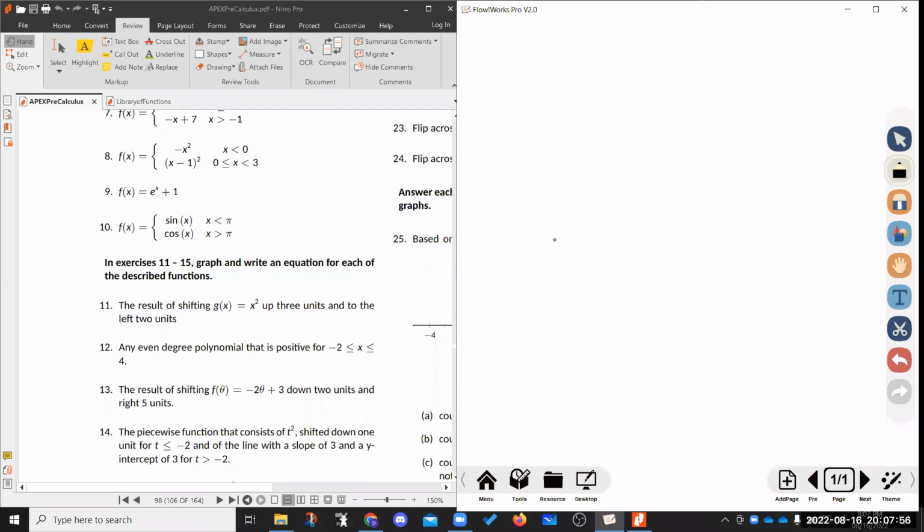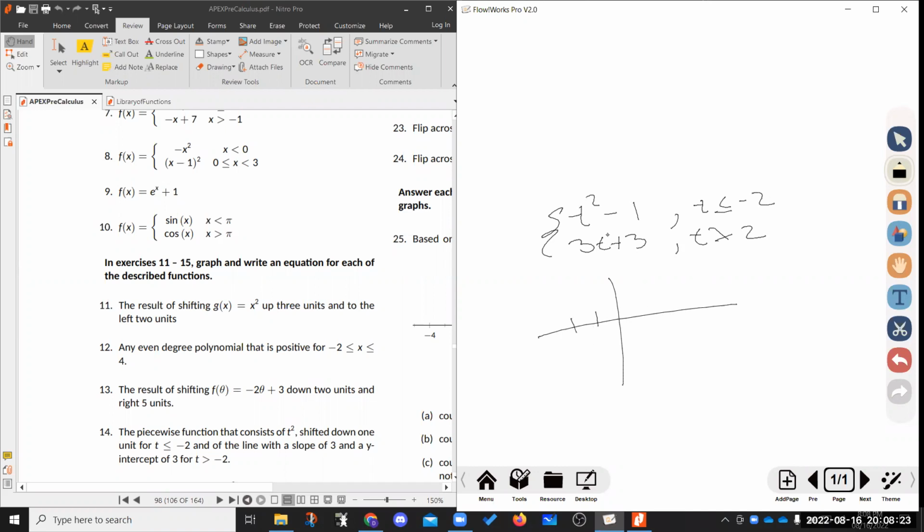Piecewise defined function consists of t squared shifted down 1 unit for t less than or equal to -2, and a line with a slope of 3 and a y-intercept of 3 for t greater than -2. And we want to graph that.